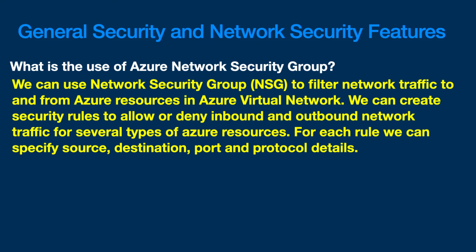We can create security rules to allow or deny inbound and outbound network traffic for several types of Azure resources. For each rule, we can specify source, destination, port, and protocol details.